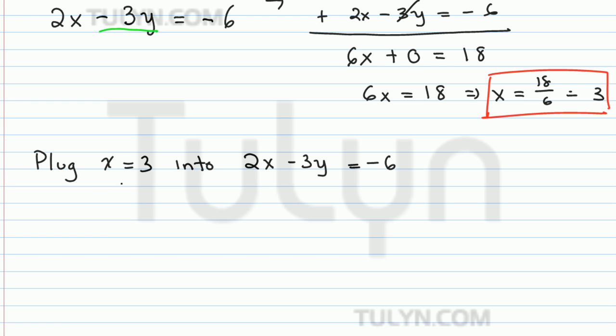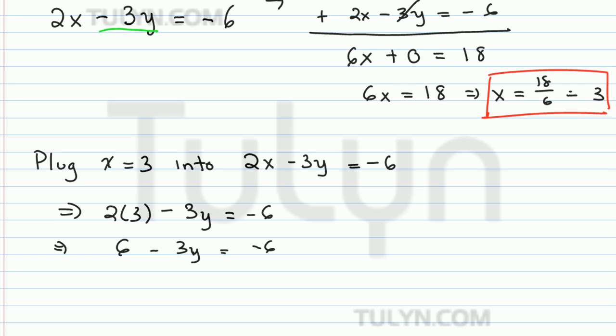So plugging x equals 3 into this equation, we end up getting 2 times 3 minus 3y is equal to negative 6. So we get 6 minus 3y is equal to negative 6.